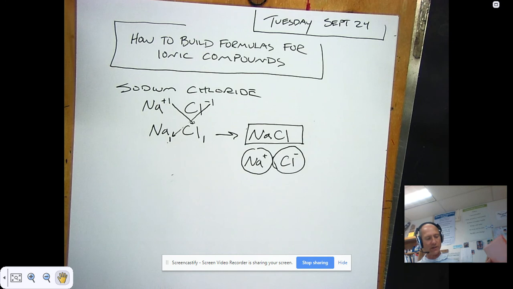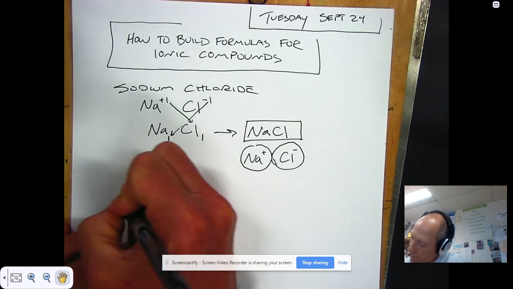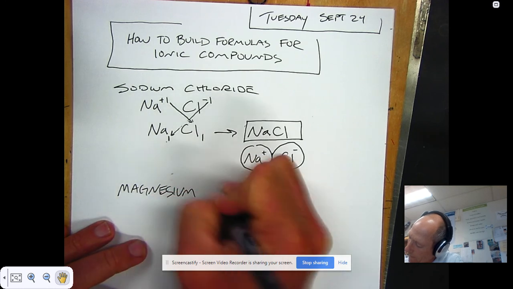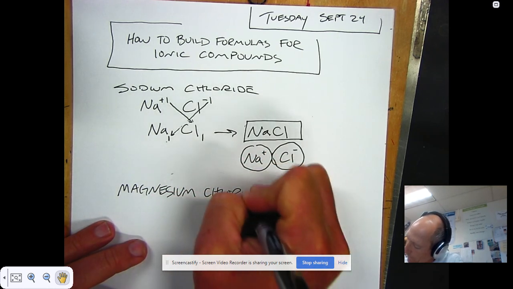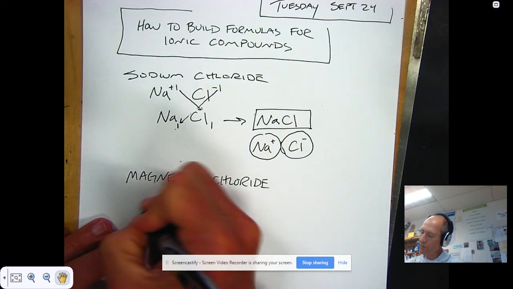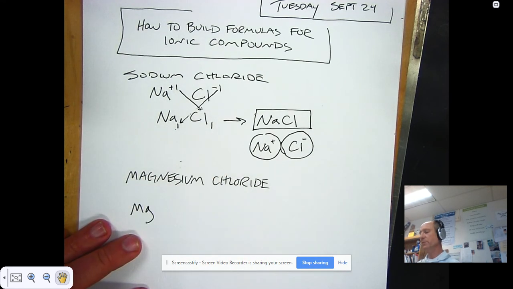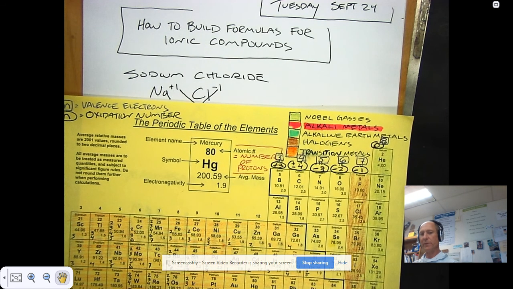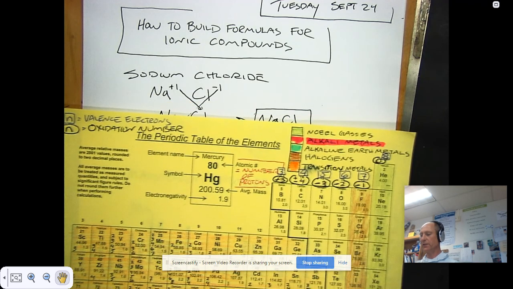We'll do another example. Magnesium chloride. So first thing we're going to do is write the symbol for magnesium. I just know what it is because I've been doing this for a while, but you could just find magnesium on here. It might take you a while.